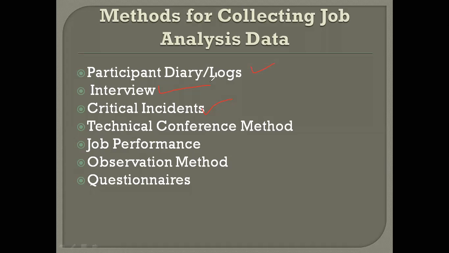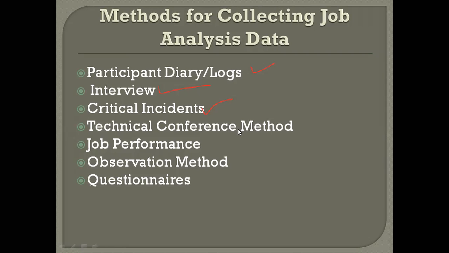So that is a critical incident. That is an important incident in an employee's life. So you can gather information on how it happened, so that you can take steps to see to it that it is not repeated. So that is what critical incident means. Critical incidents are key incidents, important incidents, which are noteworthy, which can be of immense help in doing job analysis.